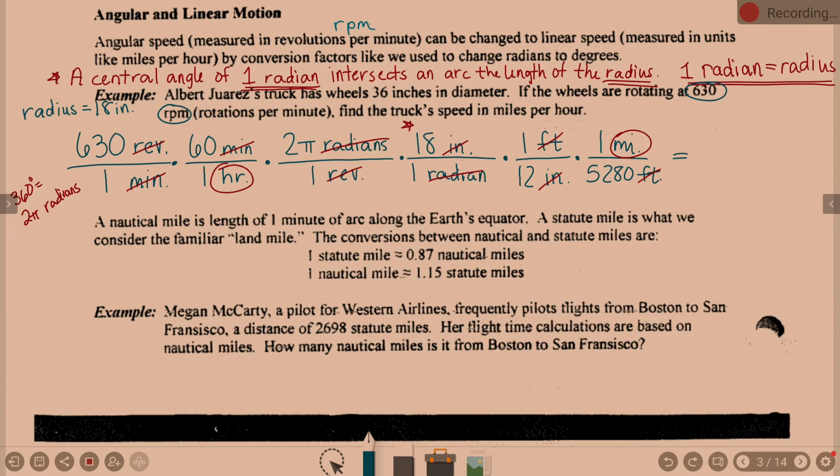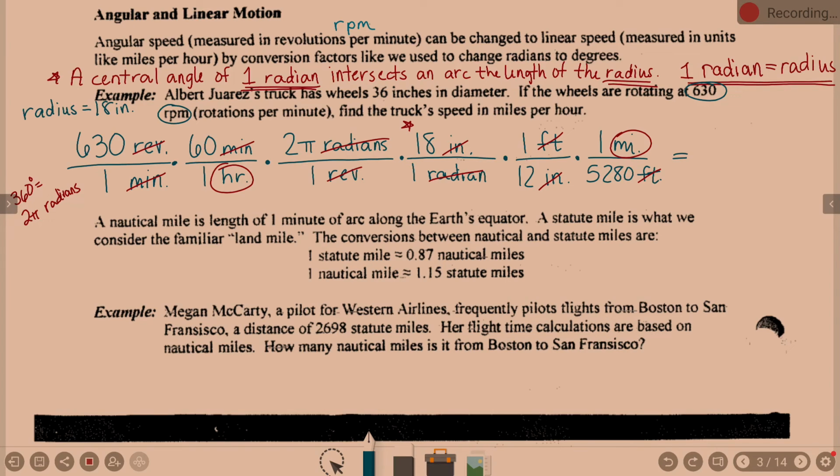But I could put on top 630 times 60 times 2 pi, please use pi and not 3.14, times 18, and the 1s I'm not going to bother putting in. And then my denominator I could do 12 times 5280. That's one way to do it. Now, and this is where I encourage you: if you have a way that you want to try, this is where you try it. Because then you'll know did your way work or not.